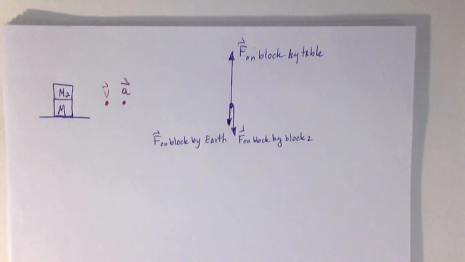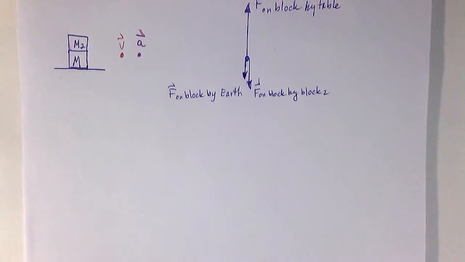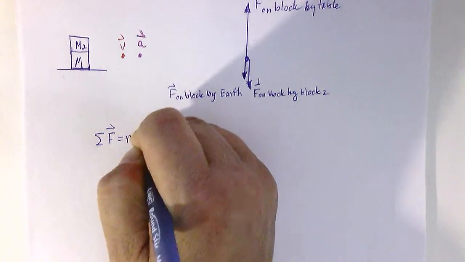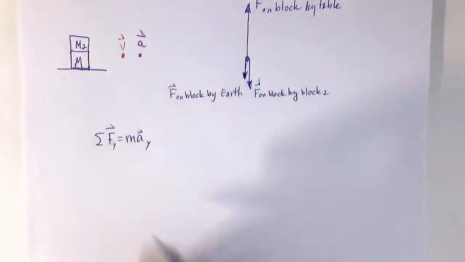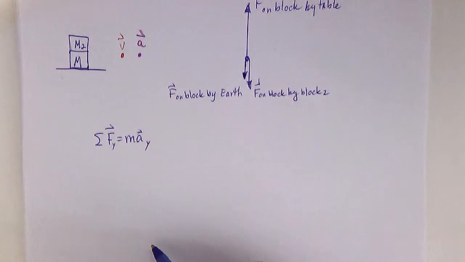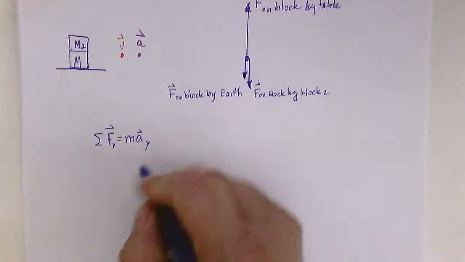Okay, so now we're going to go ahead and apply Newton's second law. The sum of the forces is equal to ma. Because we're working in the y direction, I'm going to put a subscript y. Now we're going to add up all the forces acting on the block.